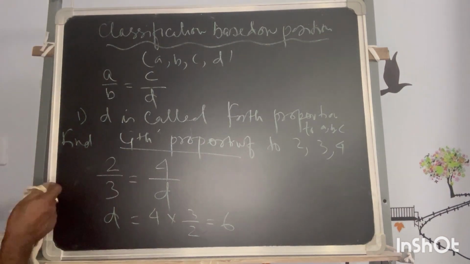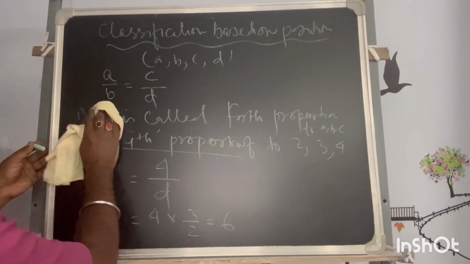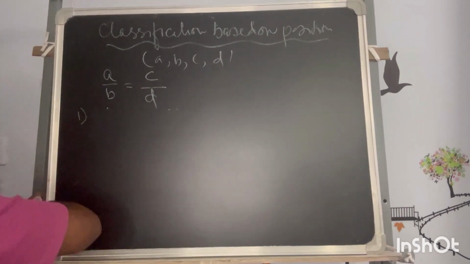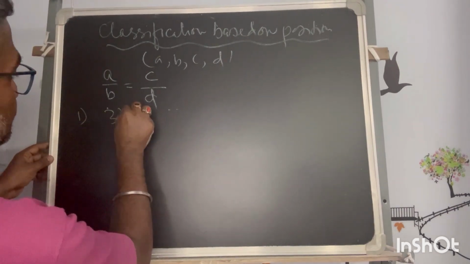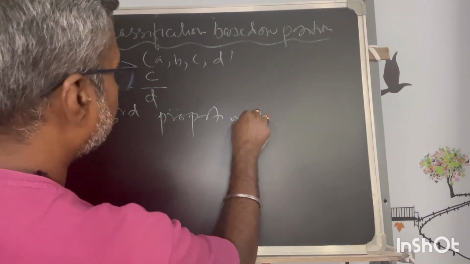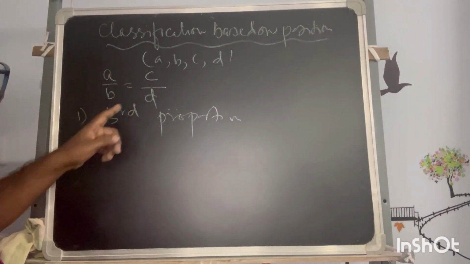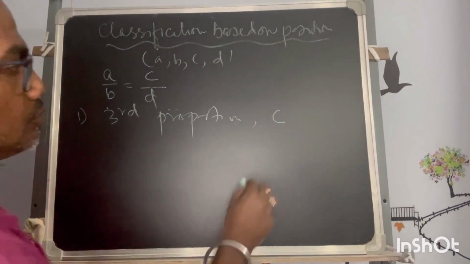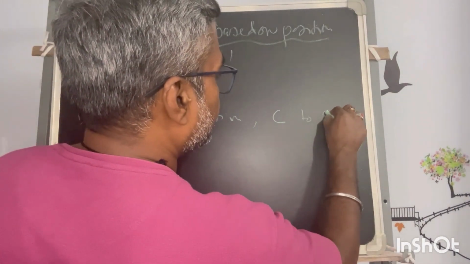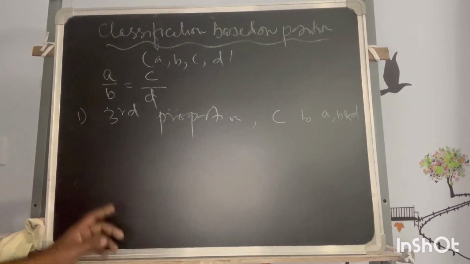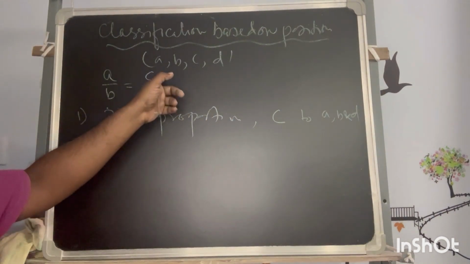The second is the third proportion. Among these, the third proportion is C, to A, B and D. You have to be very cautious about the position.